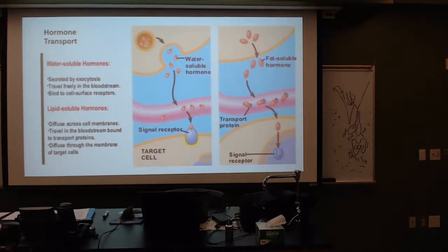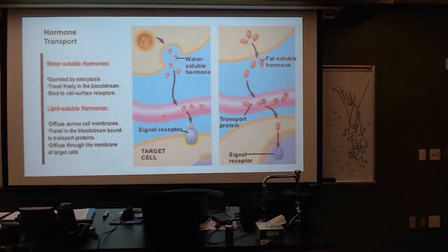What do you notice about movement of this hormone across the plasma membrane? Don't be afraid, speak up. It doesn't look like a water one does. It's like right at the membrane. Okay. Now, here's what has to happen. Let's look at that fat soluble.